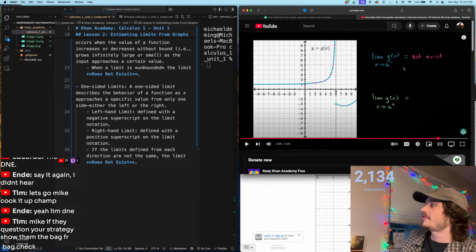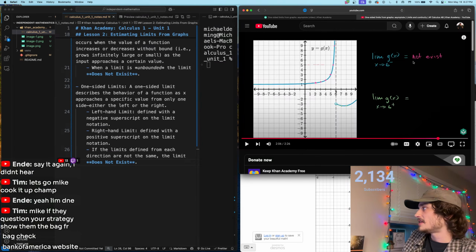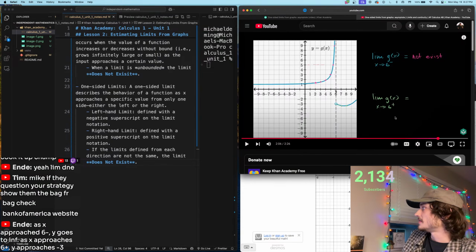So even though the right-hand limit exists, the overarching limit doesn't exist because the function doesn't have the two limits from both directions equal to one another. This one doesn't exist. This one does exist. It converges on negative 3. Infinity and negative 3 are not the same, so that's why the overarching limit does not exist.